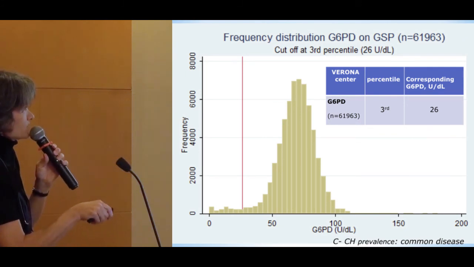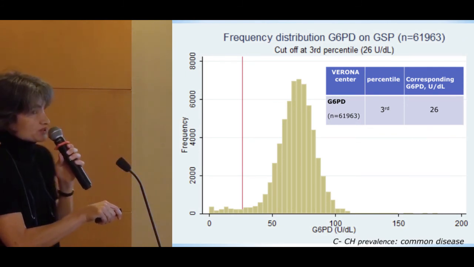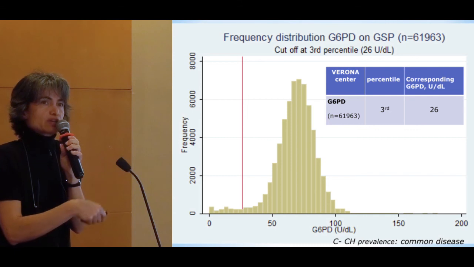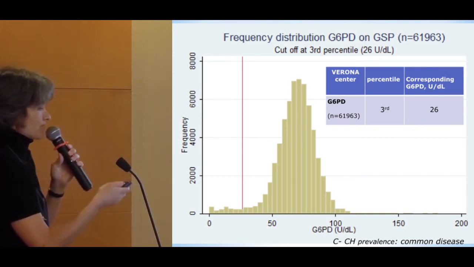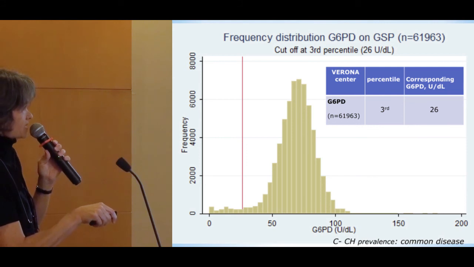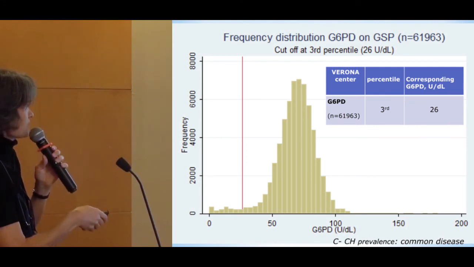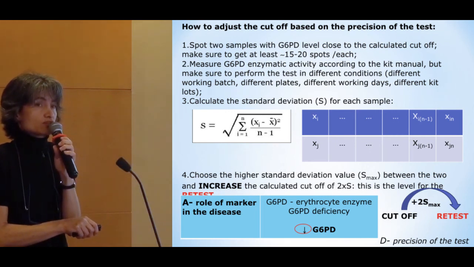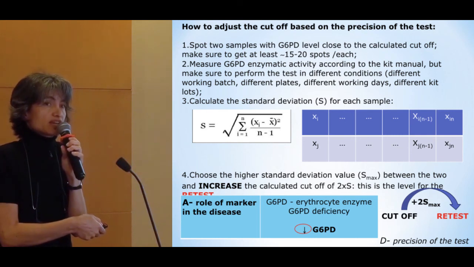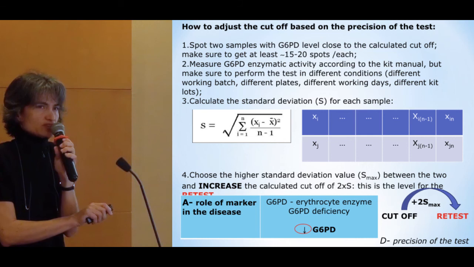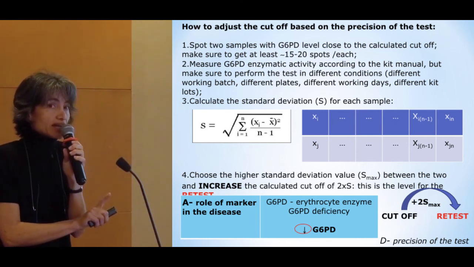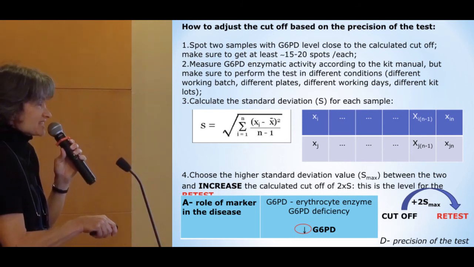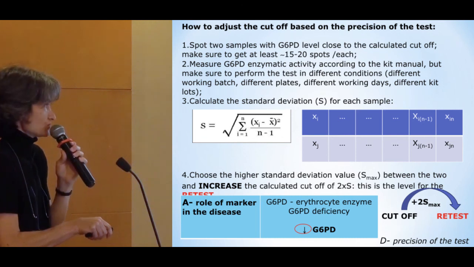Okay, we started and we set the third percentile as a cutoff, and you calculate your own with 2,000 samples, and we end up having 26 as a cutoff, and it's set right here. Then go ahead, adjust your cutoff based on the variability of your test. It is just like we've just mentioned for the TSH, but make sure this time to add your variability to the cutoff.